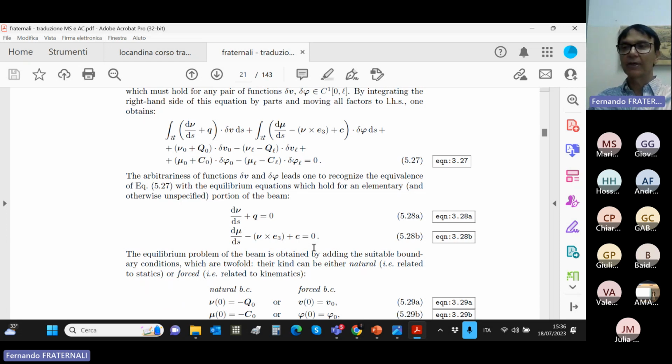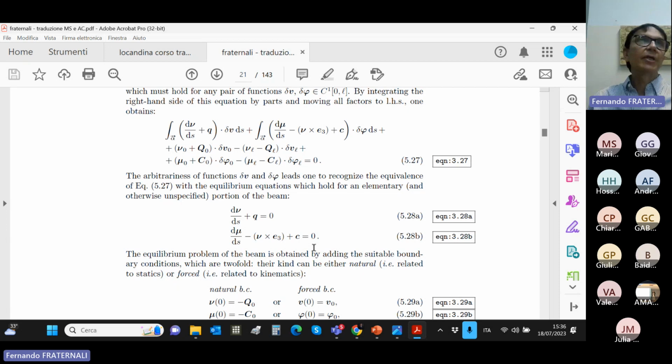So it's the integral of the stress vector over the cross section of the beam. As components, it has the axial force and the shear forces. It corresponds to the integral of the surface traction over the cross section, and q is just the vector of the loads per unit length.